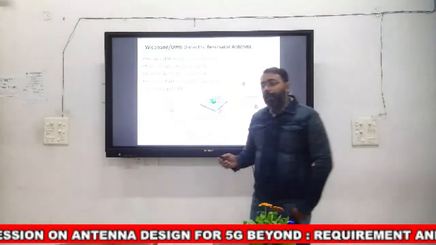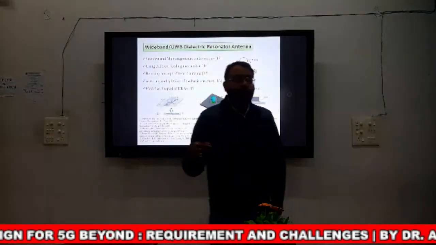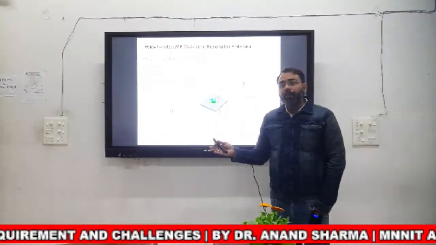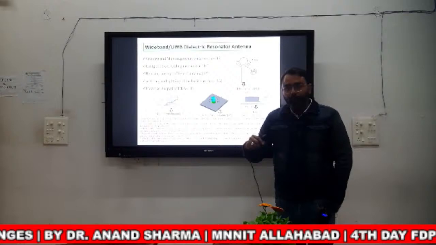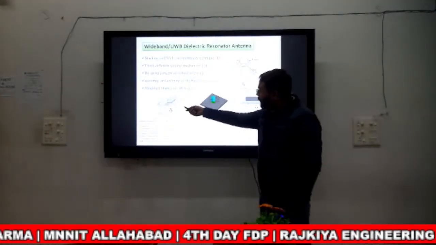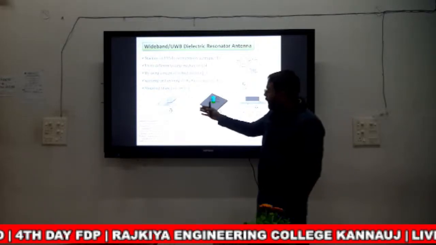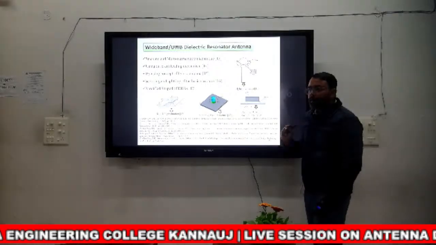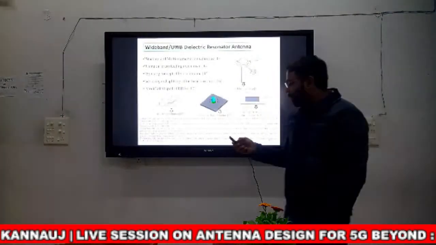If the air cavity is created, the effective permittivity reduces, and as the effective permittivity reduces, the quality factor goes down and bandwidth becomes more. So in this type of technique, the splitting of DRA also creates an air gap. Some air gap between the DRA and the metal surface is also used to reduce the quality factor.